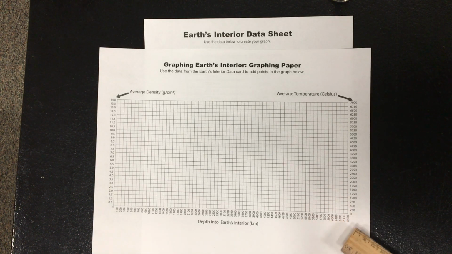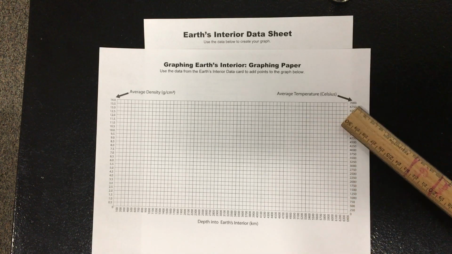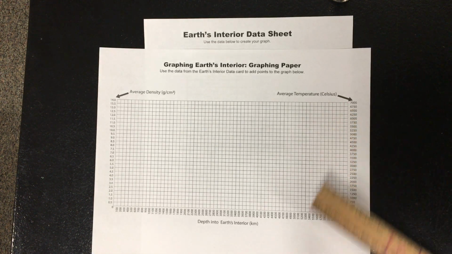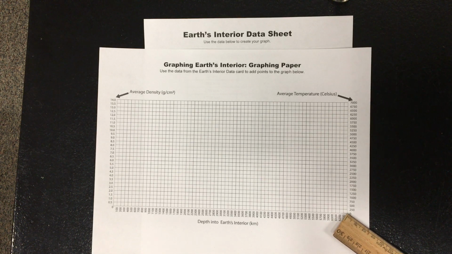And then we have a y-axis over here showing the average temperature in degrees Celsius, ranging from 0 degrees Celsius all the way up to 7,000 degrees Celsius, very hot. Each line represents 250 degrees Celsius.